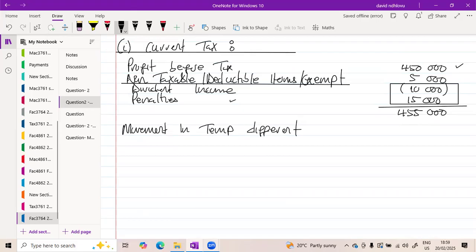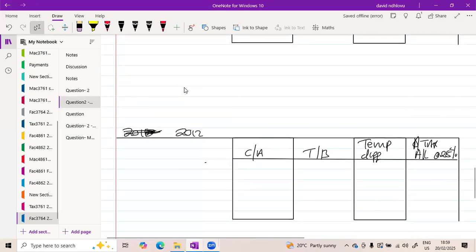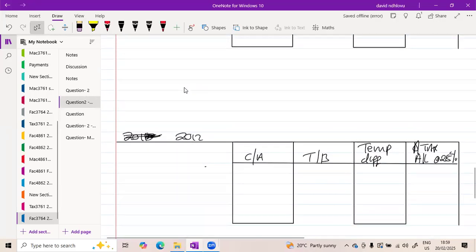But the question is, where do I get the movement in temporary differences, good people? Where do I get that? The movement in temporary differences, you need to calculate via the deferred tax calculation, the statement of financial position method.